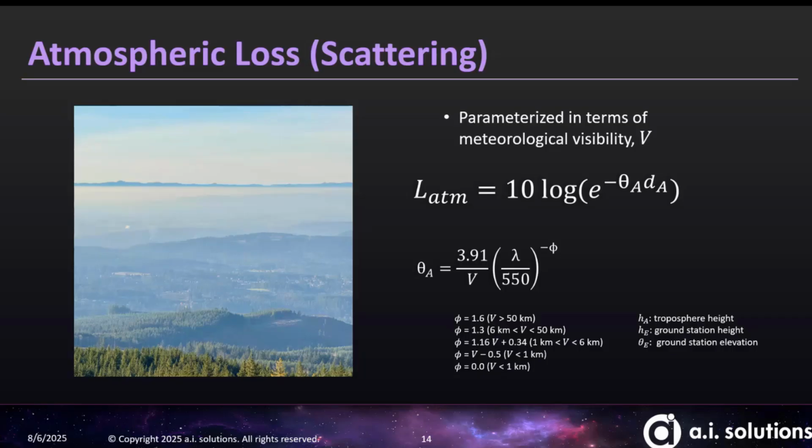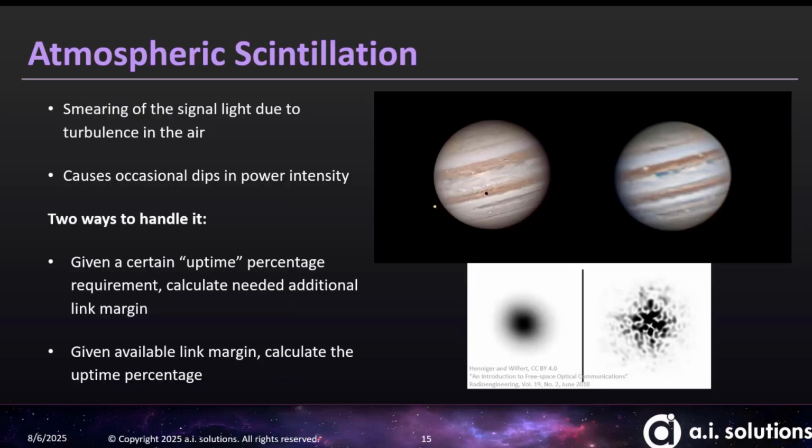For instance, basically all airports will report this because it's very relevant to the safety of air travel. And yes, you can compute the relevant parts that you'll need to calculate this attenuation based on the visibility and the wavelength, and then the relevant distance through the troposphere.